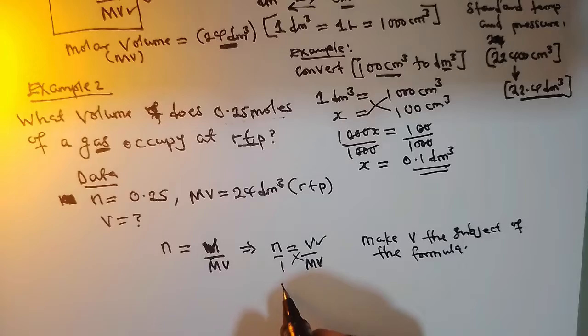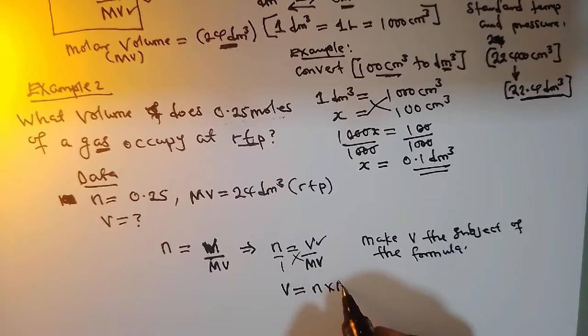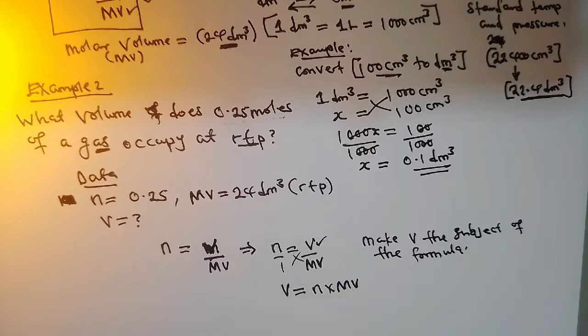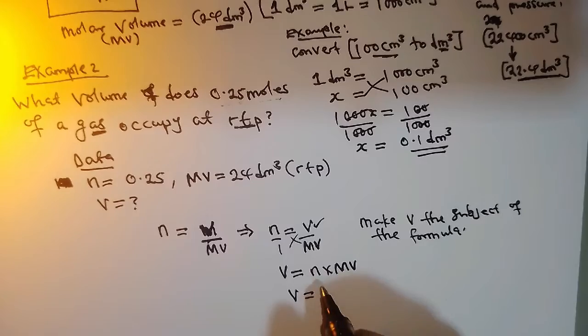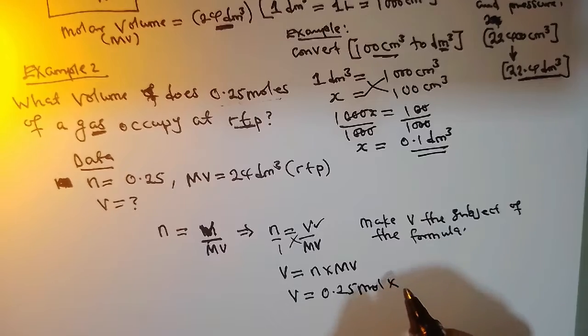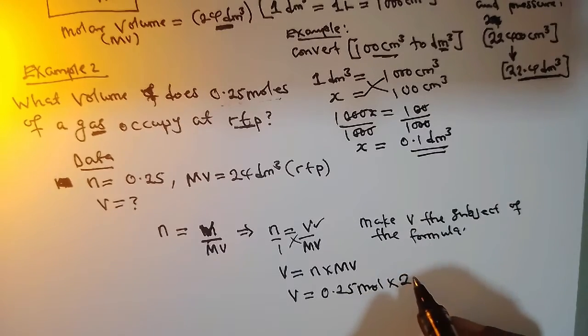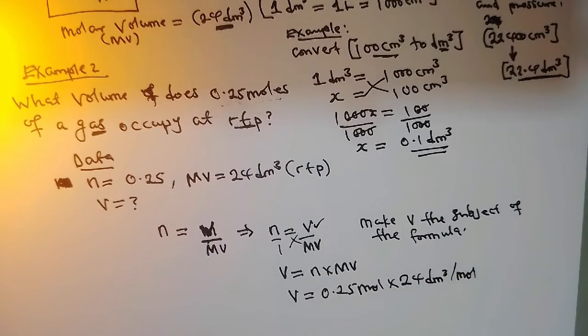So 1 times V is equal to V, then n times MV. And the volume is the number of moles, 0.25 mole, multiplied by the molar volume of 24 decimeter cubed per mole.